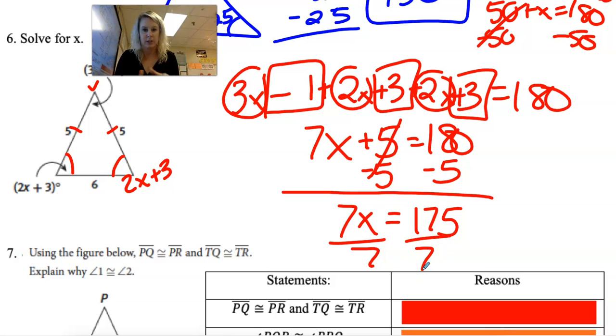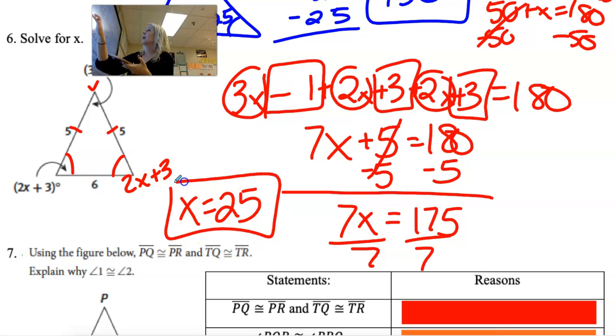Divide by 7. 175 divided by 7 is 25. So x is 25. And I'm done because it wanted me to solve for x. If it said find the base angle, I would be substituting in my value for x.